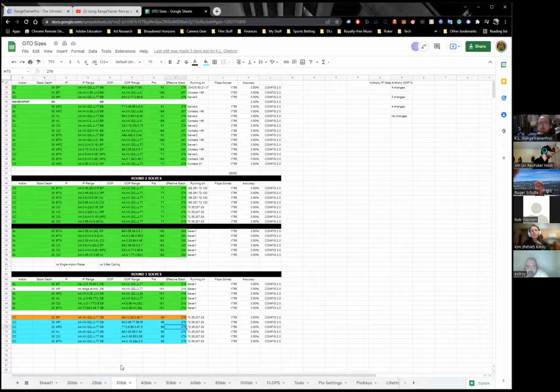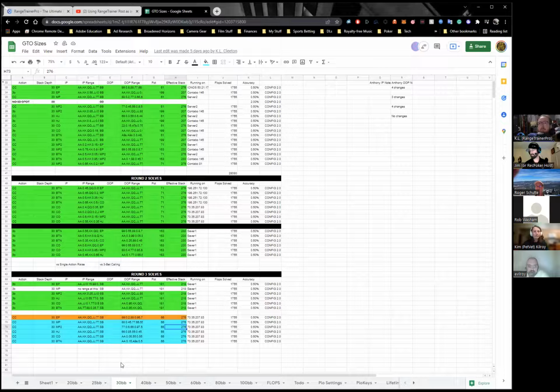And also, you'll find monotone boards, for the most part, are not super dynamic because you either have the flush or you have maybe a bad flush draw.